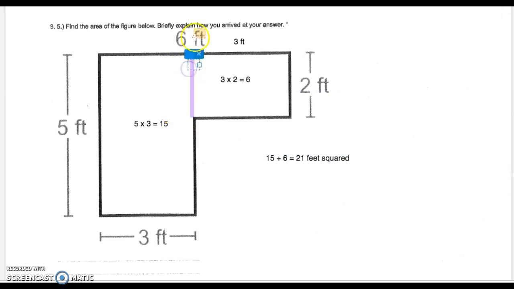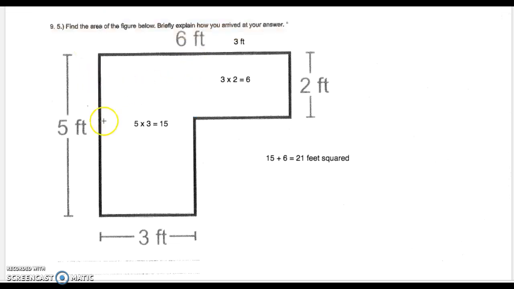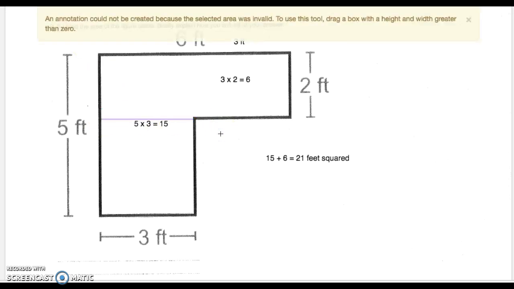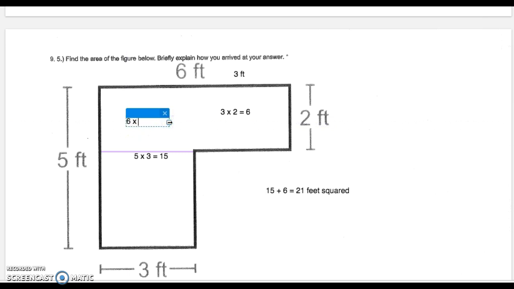Now, we could also draw it across like that, so now we could cut it in this direction. Instead of 3 by 2 up here, we now have 6 by 2, which is 12.